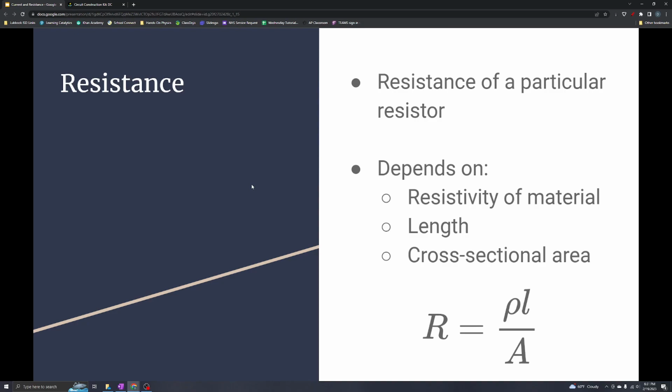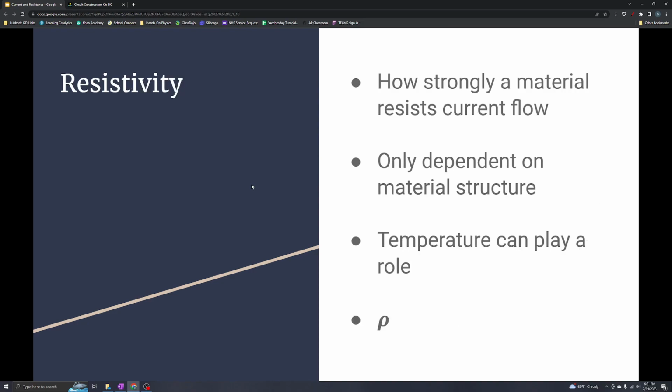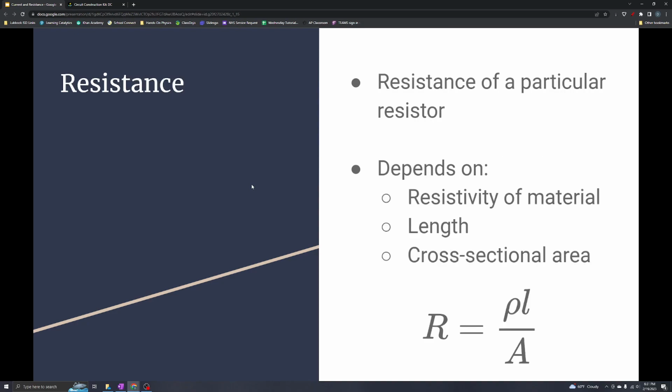Now, resistance is different from resistivity. Resistivity is basically how a material behaves. Resistance is how a particular object behaves. So it's the resistance of a particular resistor. And that's going to depend, first and foremost, on the resistivity of the material, right? How easily electrons move is going to be really important.